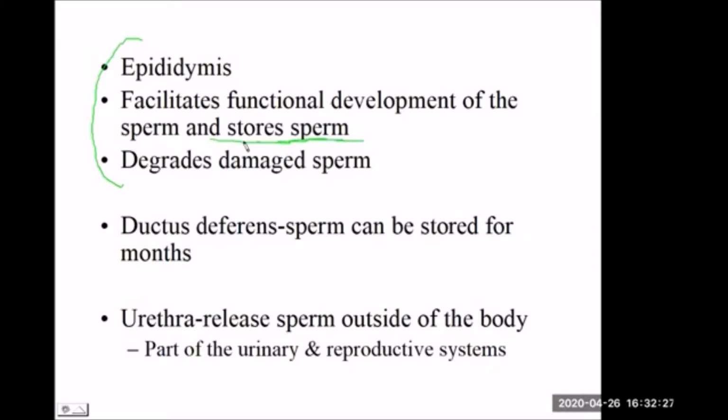So again, they're created at a very fast rate. And as they pass out of the testis, they're pushed along via cilia. And at this stage, the sperm cells are formed. They have their shape, but they're inactive. Any abnormal, faulty sperm cells will be broken down in the area of the epididymis.